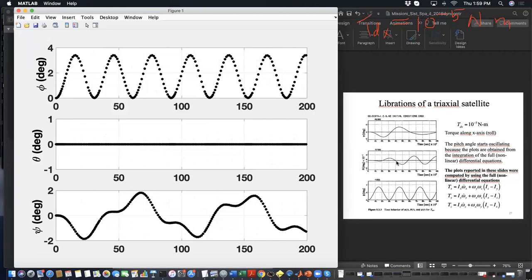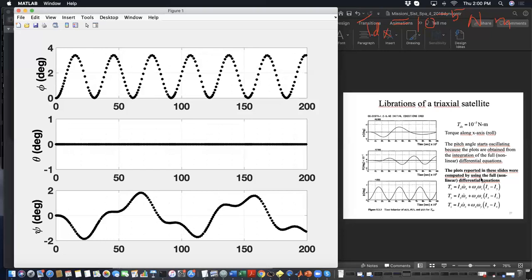Well, the reason is that since I'm using the small angle approximation, when you have a couple of degrees for psi and phi, theta is going to be coupled with phi and psi. So the small angle approximation is not valid anymore. That's the reason why the integration of the full nonlinear equations is definitely more important.